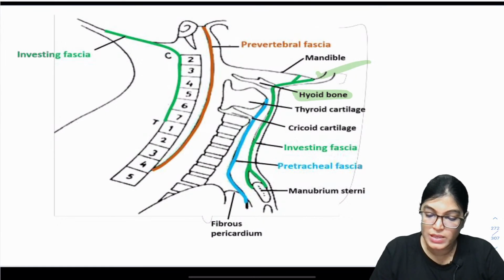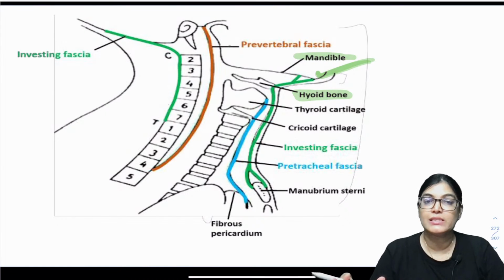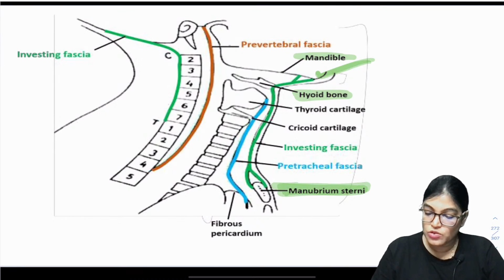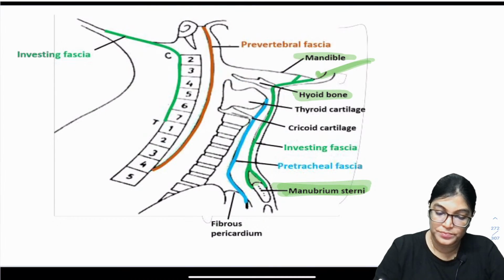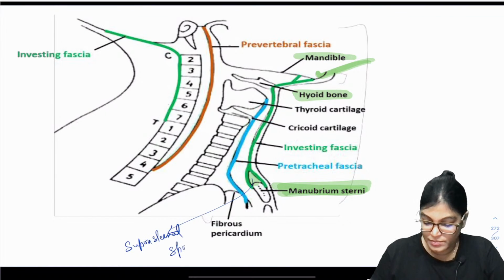Above it, it is attached to the mandible, and as we have already seen, above the hyoid bone it is enclosing two glands. Lower to the hyoid bone it goes towards the manubrium sterni, forming the suprasternal space of Burns. This is the suprasternal space of Burns, which is shown.